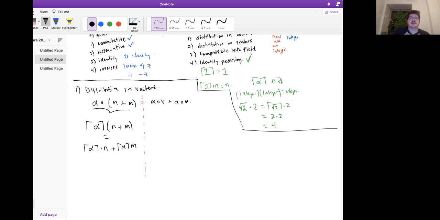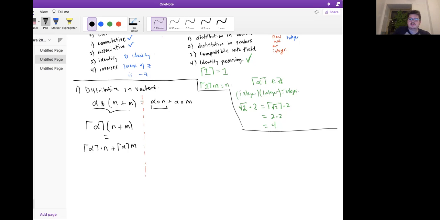Okay, now let's look at the other side. What is alpha circle m? When does the ceiling happen? Whenever you see the circle, right?